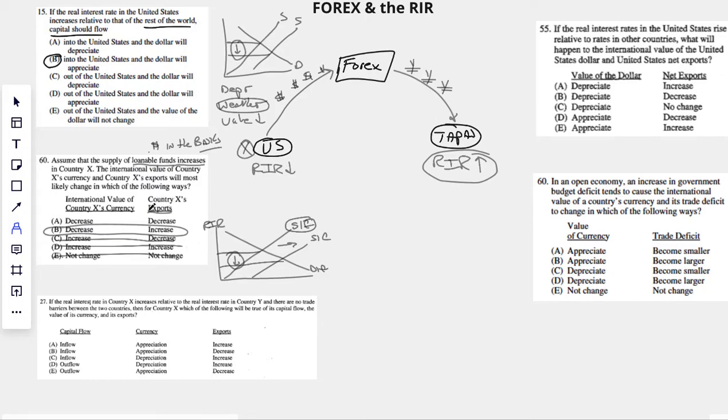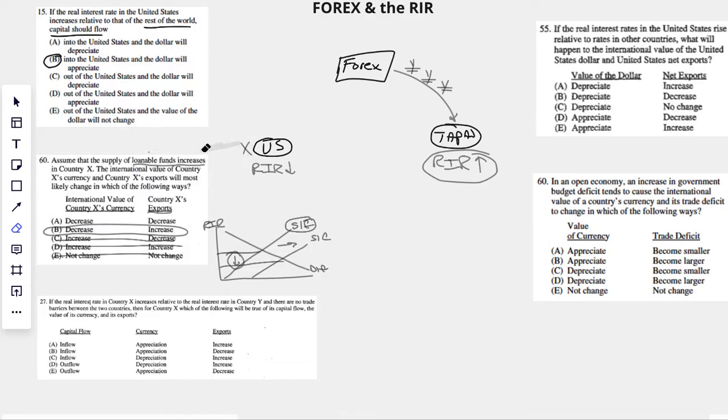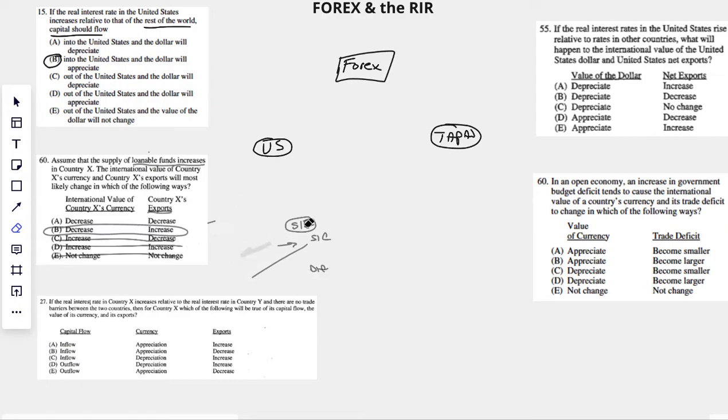So let's try another one. Let's jump to 27 down here and see if we can answer them. Easy enough. I'm going to, again, get rid of our stuff here. Now, when I'm tutoring guys, we can clearly build a very strong understanding of the foreign exchange in about 30 minutes.